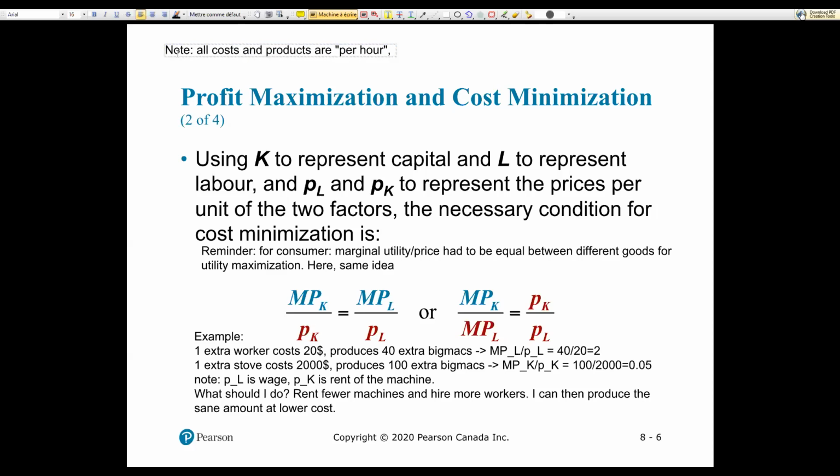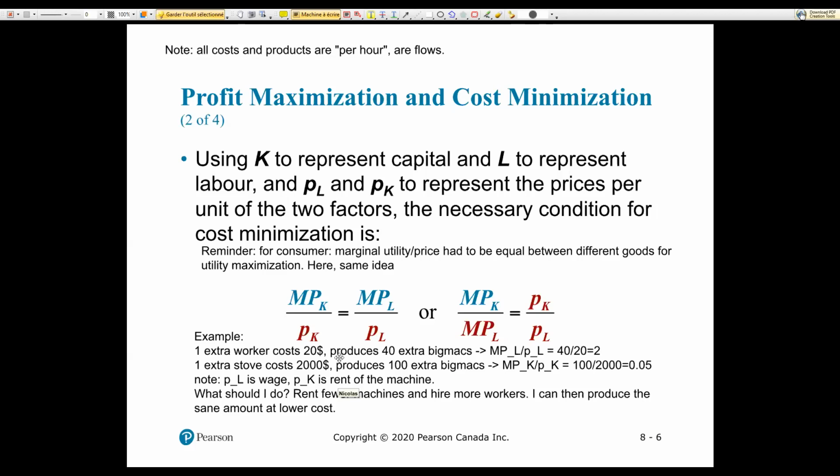They are flows. That's why we like to talk about rent, because it's a flow. It's not saying I buy one machine initially, because I have to think per hour what this machine would cost me and what this worker would cost me. So I have to have two measures that are per hour.